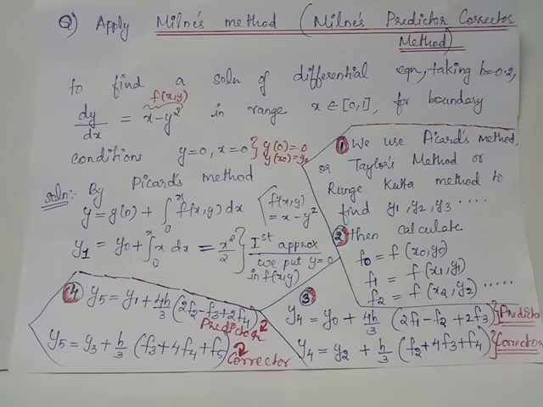With this new value of y5, we can again find out f5. Using the new value of f5, we will again use the corrector formula for y5 to find out new value of y5. When the value of y5 obtained when we have applied the corrector formula for the first time and the new value obtained when we applied it the second time coincide, we can confirm that there is no error in computation of y5.